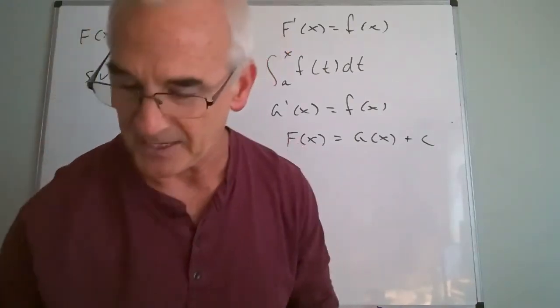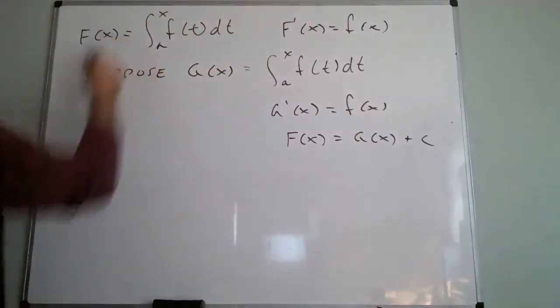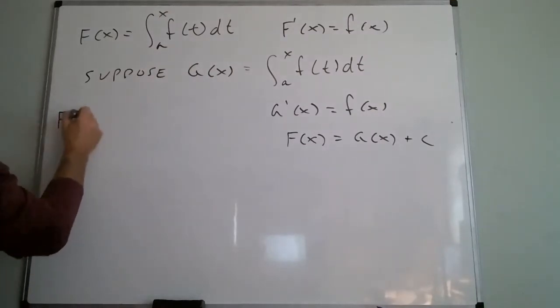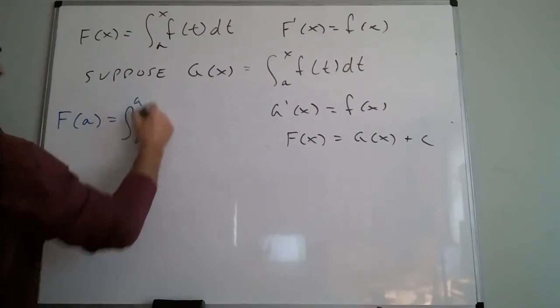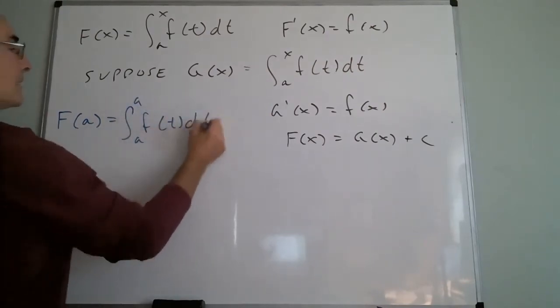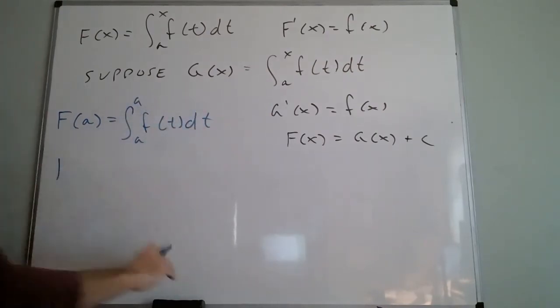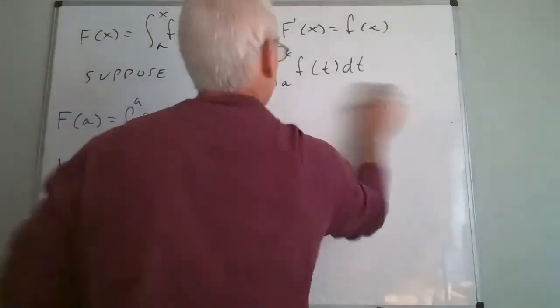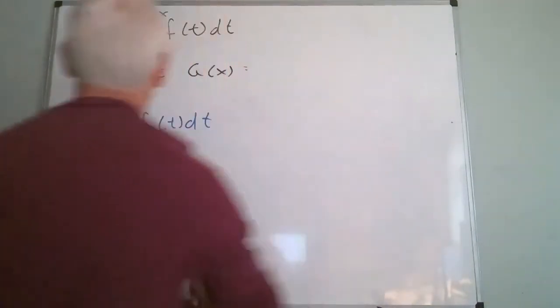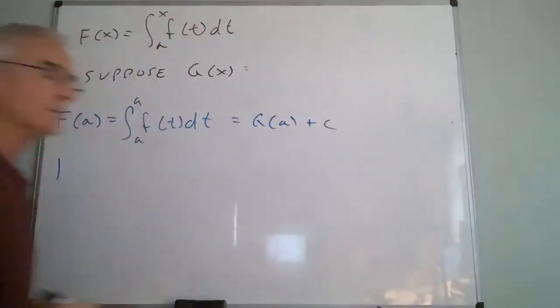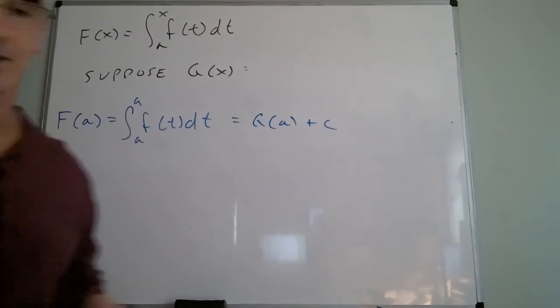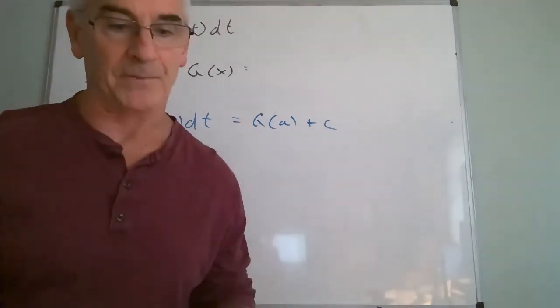Now, with that said, going back to this statement, what is F of a? F of a would be the integral from a to a of f of t dt. That would also be g of a plus c, based on what we just said, because F and g differ by a constant.